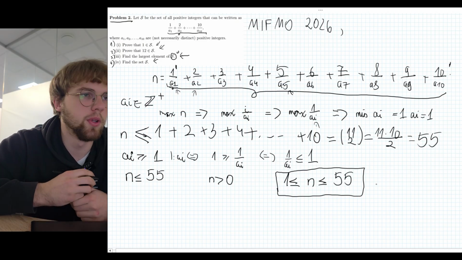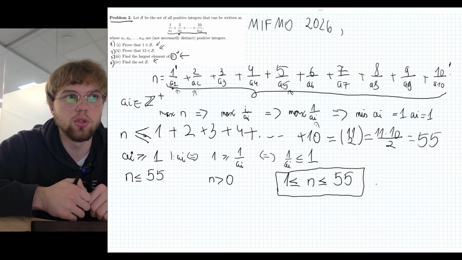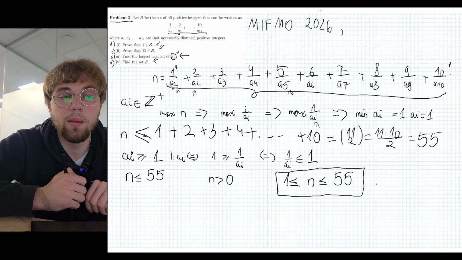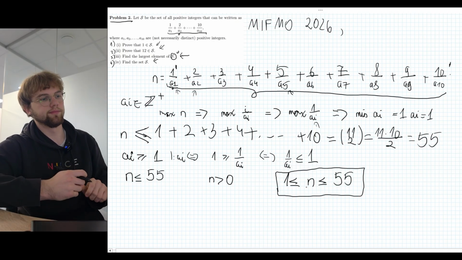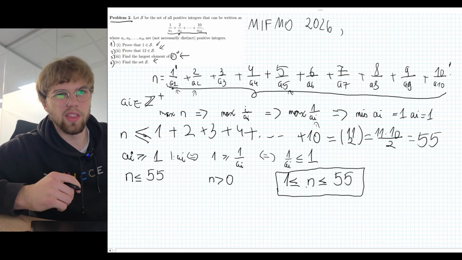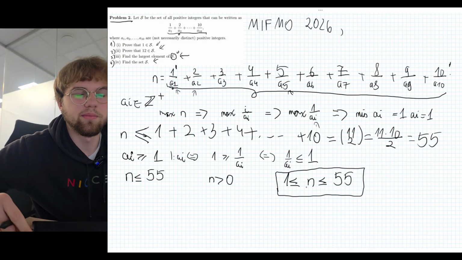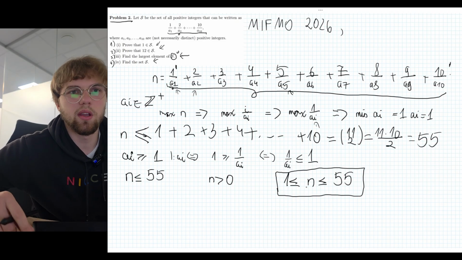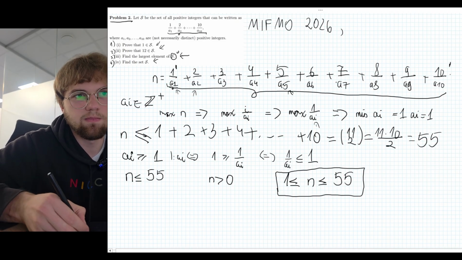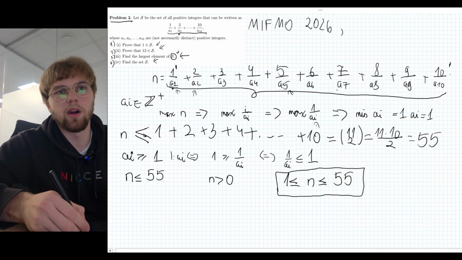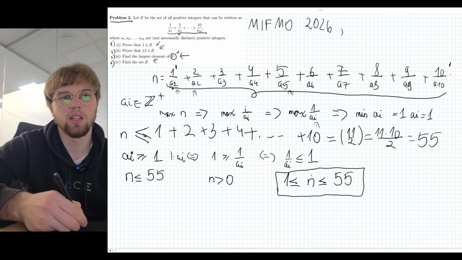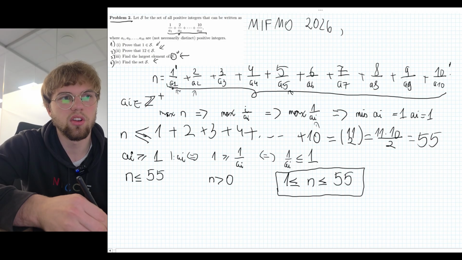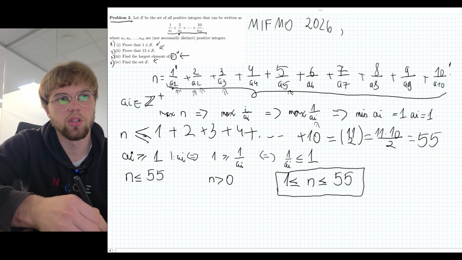But are we done? No, absolutely not. We still need to show that maybe some of these n aren't expressible. But when you think about it, it doesn't seem likely that they won't be, because you have everything in your power to make it basically whatever you want, because you can change A1, you can change A2, you can change A3.